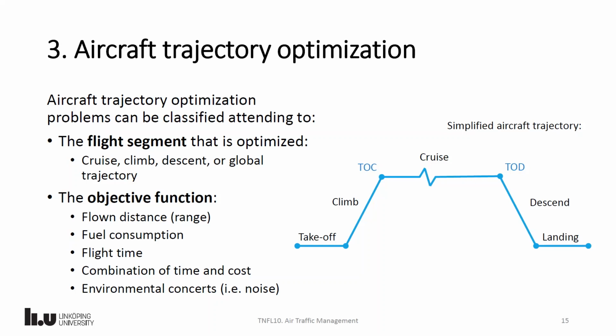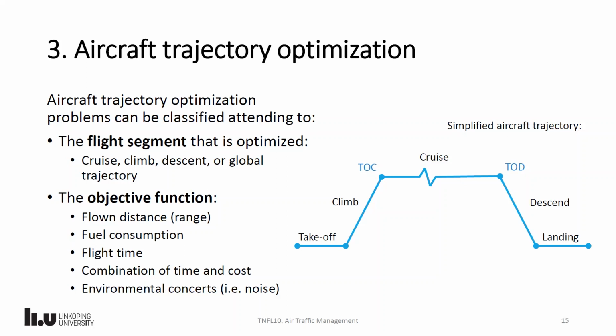Usually when we talk about trajectory optimization, a lot of work focuses on the cruise. Some of them focus on climb and descent, and we don't focus on takeoff and landing. Why not? Because takeoff and landing take a very, very small part of the whole aircraft operation.